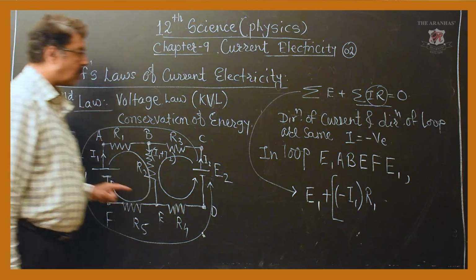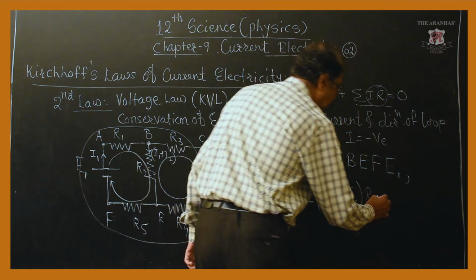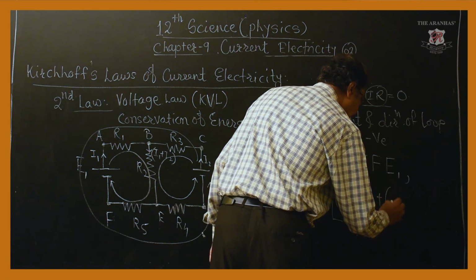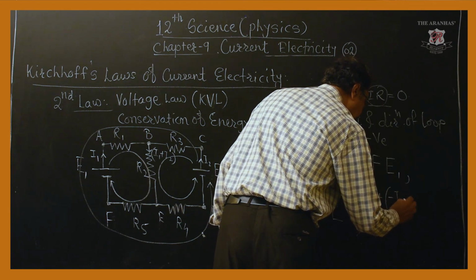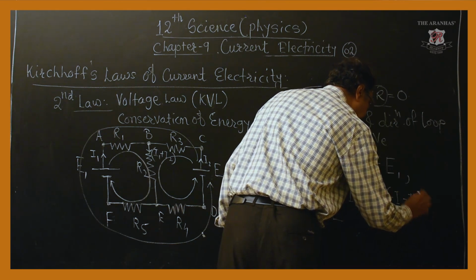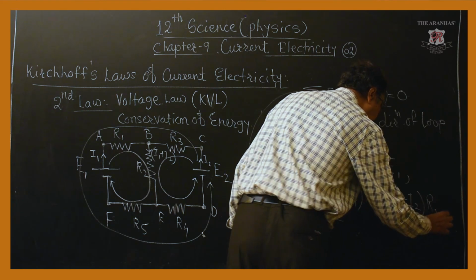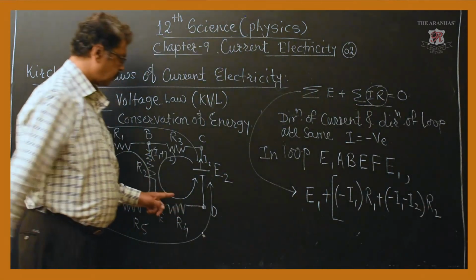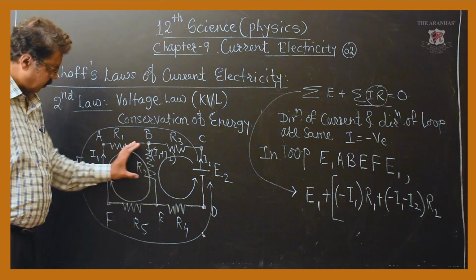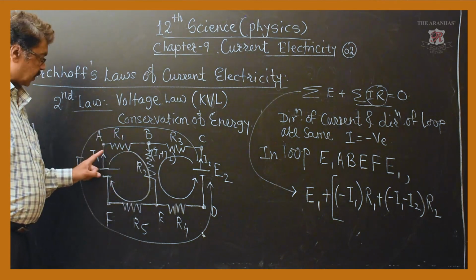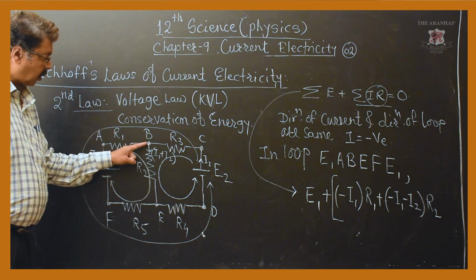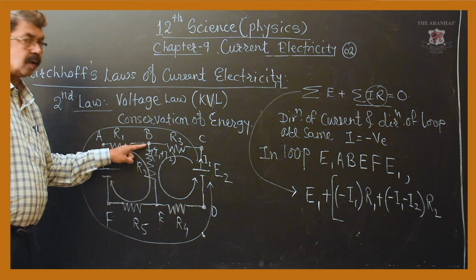In the direction of the loop. So, plus minus (I1 plus I2) into R2. In this region, once again, I1 comes from here and I2 comes from here.